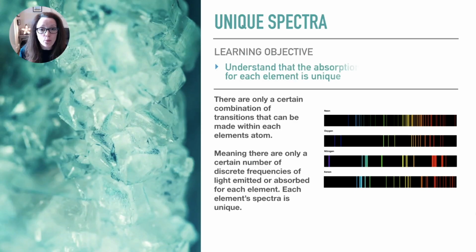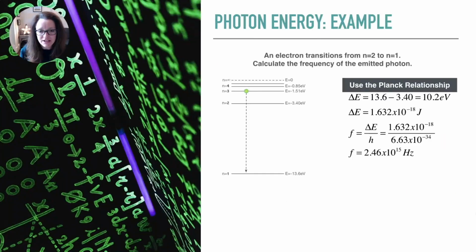Now, what about these spectra being unique? Well, if you look at each atom, and I'm going to go back, each atom or each element, so hydrogen for example, the energy states look exactly like this and they never change. But for helium, the energy states might have different values.